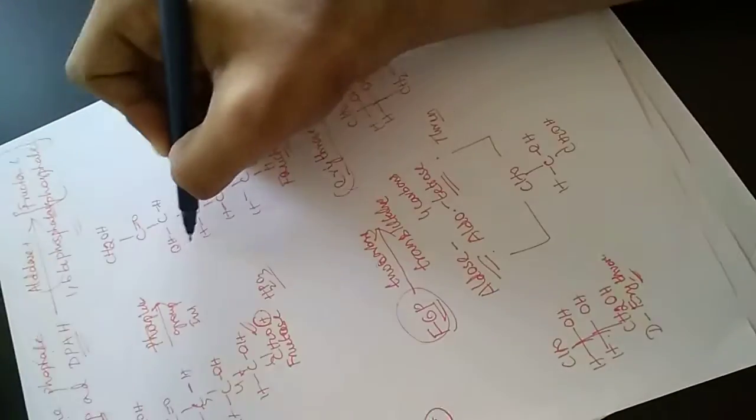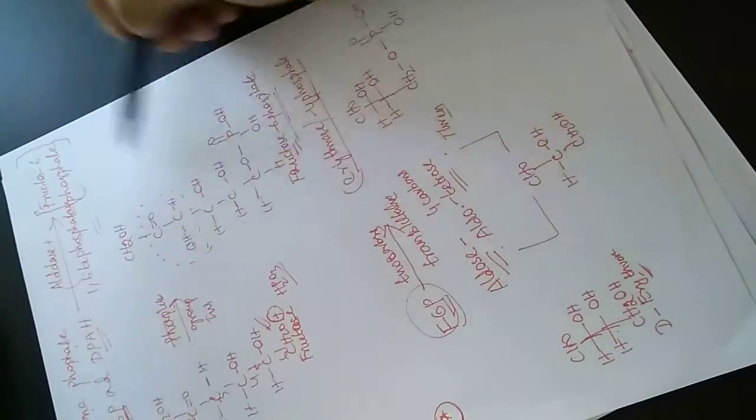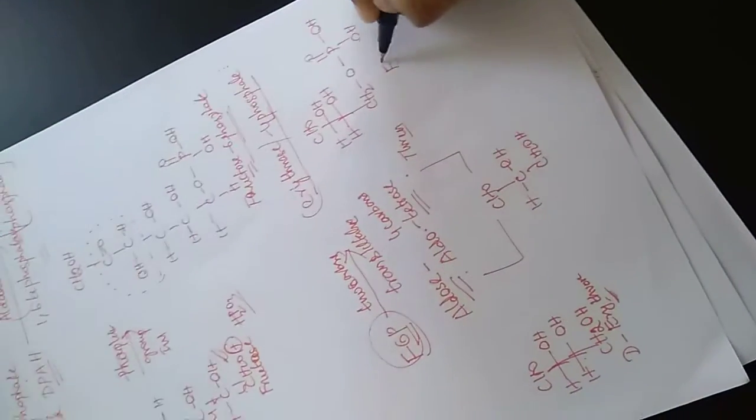What we're doing is basically removing these two carbon atoms. You understand that? The rest of the structure is just the same, but it's converted to an aldose. So this is called E4P because it's erythrose 4-phosphate. This is called F6P, fructose 6-phosphate. Okay, so this is what we did, and what next?